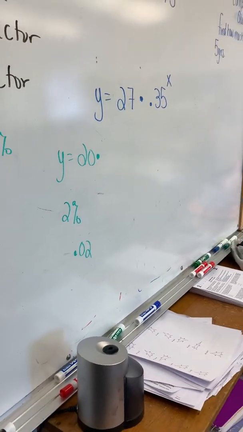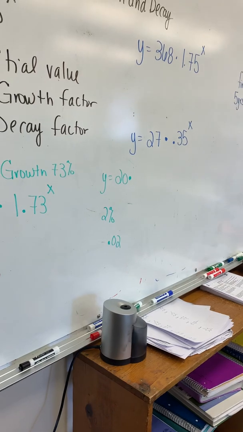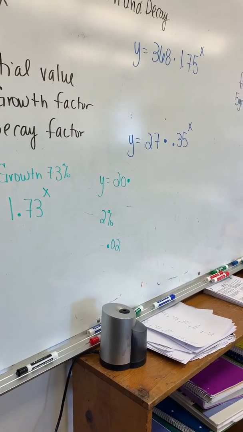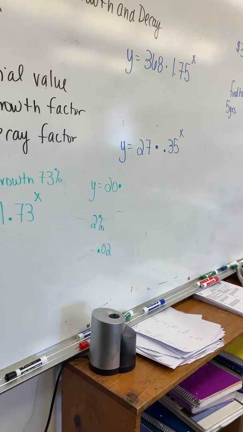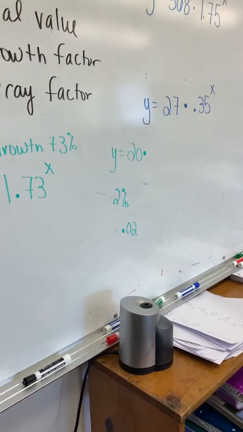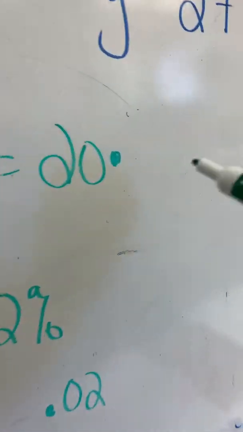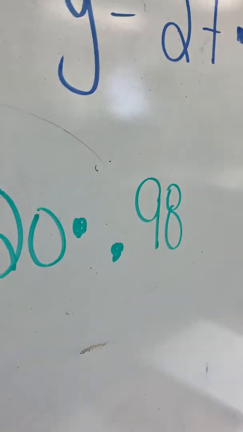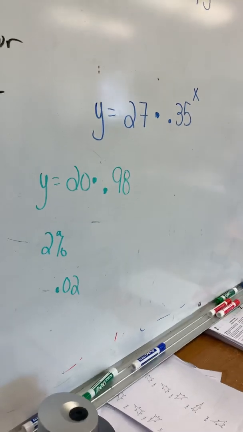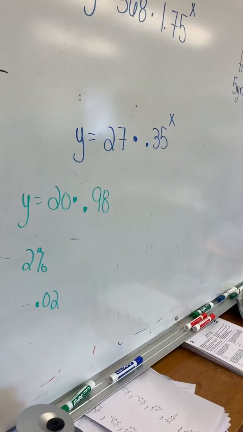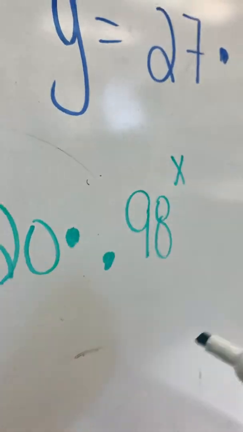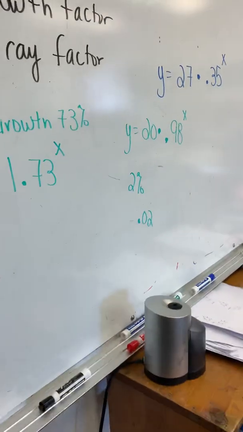Okay. But now, with growth, we added 1 to it. With the decay factor, what do you think we're going to take away from it? 1. What's 1 minus 0.02? 0.98. 1 minus 0.02 is 0.98 to the X. That would be the COVID formula.